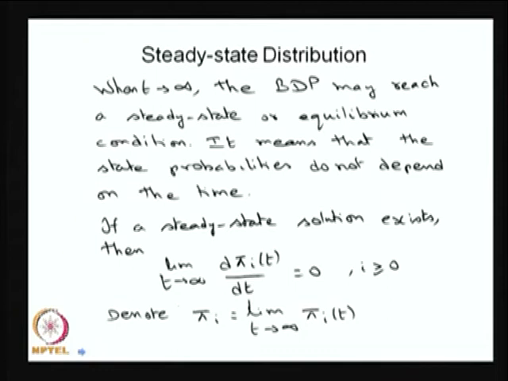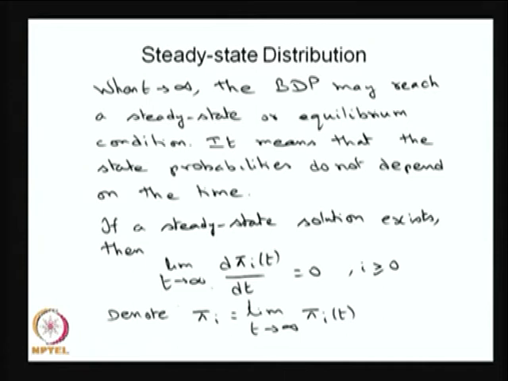That means, if a steady state solution exists, since the state probabilities do not depend on time t, the derivative of the time dependent state probability at t tends to infinity becomes 0 if the steady state solution exists.